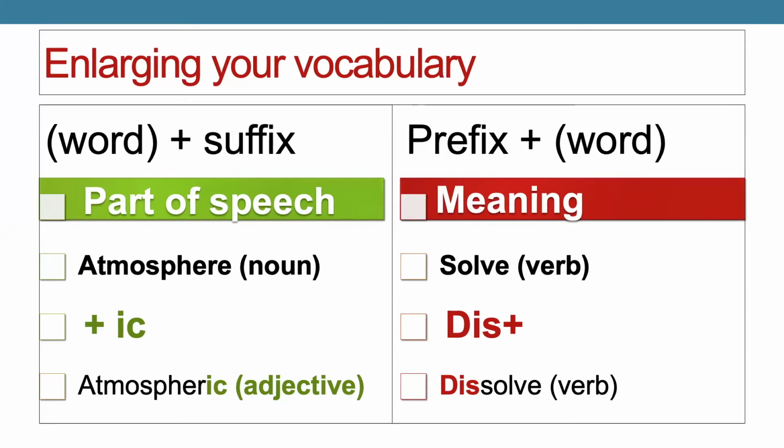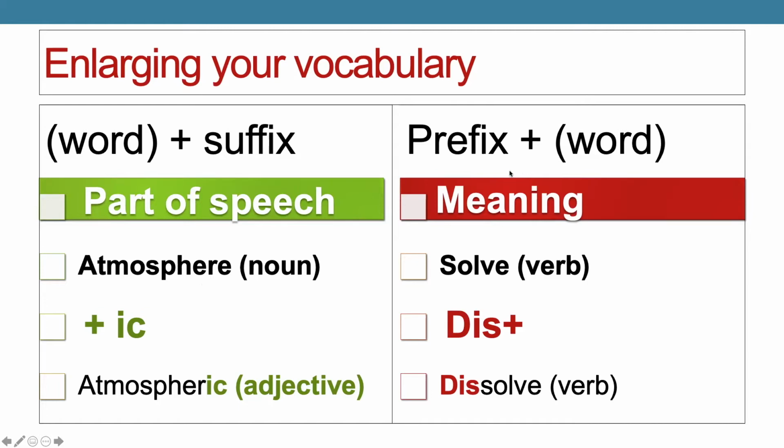So you add a suffix, and then you can change the part of the speech. We have an example here. For instance, you have atmosphere, which is a noun, and you add IC, which is a suffix, un sufijo, and then you get atmospheric, which is the adjective. So you can create from a noun an adjective.